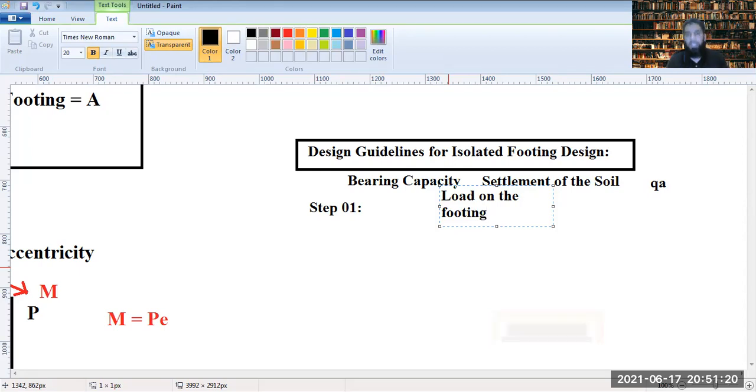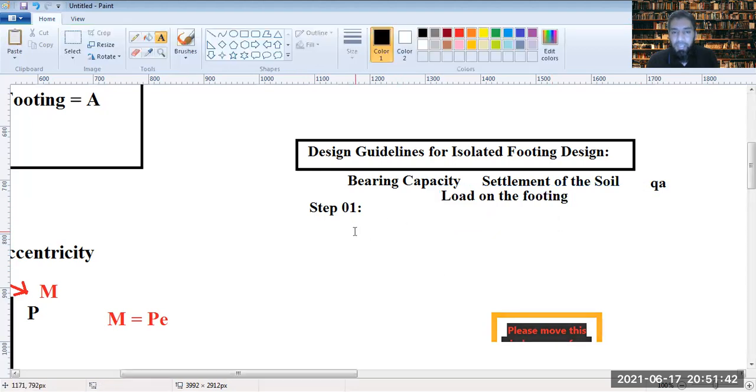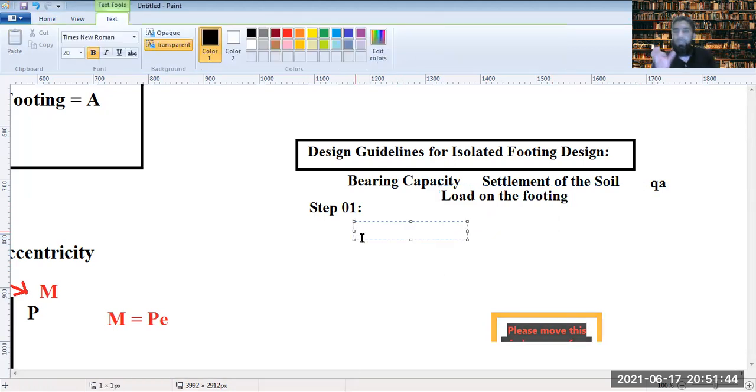Footing design would now be based on the total load coming from the roof up to the footing itself, and all that load has to be transferred into the soil. So we should know that load as the axial load plus the moments acting at that particular point. Our step number one is actually very simple: to determine the area of the footing.